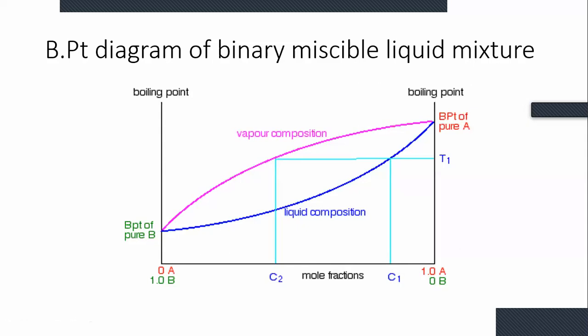I can always extrapolate from this graph and get the boiling point for that particular component using this boiling point diagram. If I extrapolate from here and it touches here, I will read off the temperature here. T1 for this particular component is giving me the boiling point for this component.